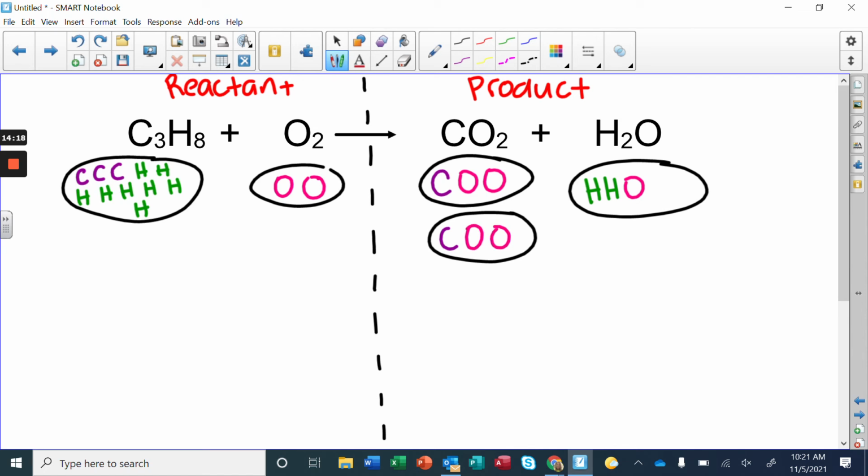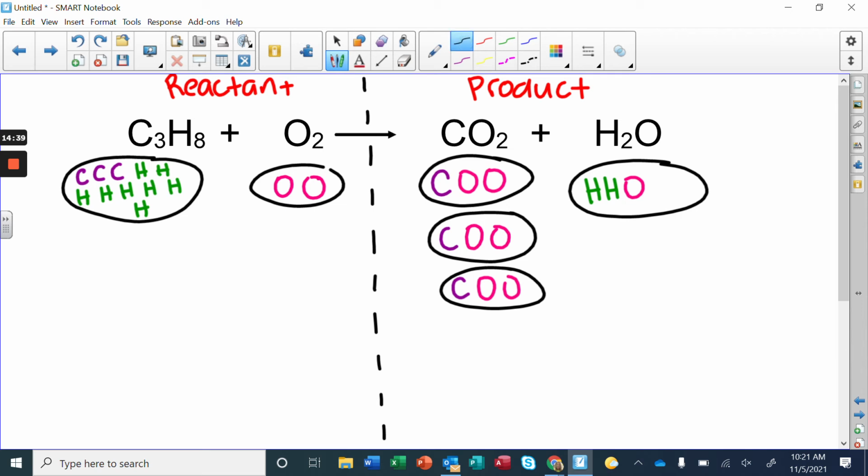But my reactant side has 3 carbons, so that means I'm going to have to add another bubble to the product side. So carbon with some more oxygen. So now I have 1, 2, 3 carbons on the reactants and 1, 2, 3 carbons on the product side. So we are good. Now we go to hydrogen.